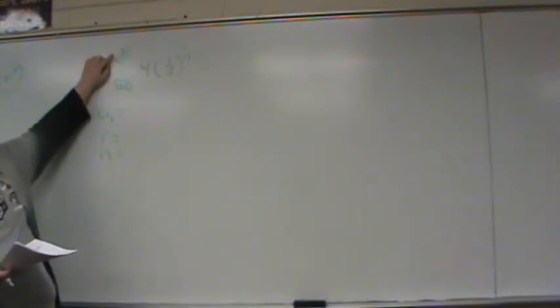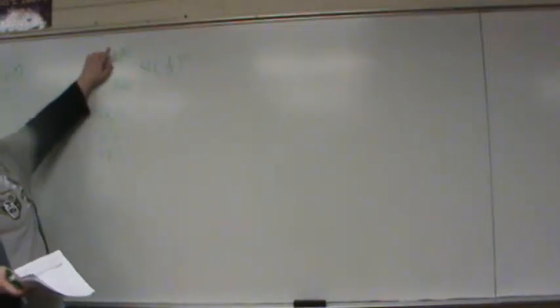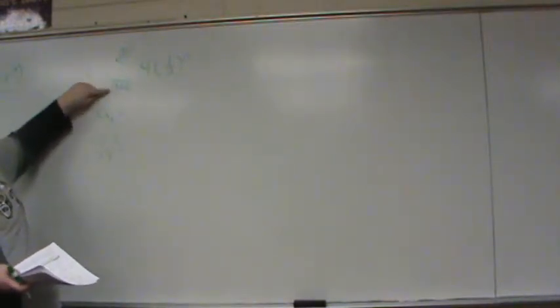Before, with arithmetic series, when we were using summation notation, how did we find our n? We just used the top number, right? That told us how many terms we had in our series. Well now, where we're not starting at n equals 1, we have to change how we find that n value. To find that n value, you take your top value, subtract your bottom value, and add 1.